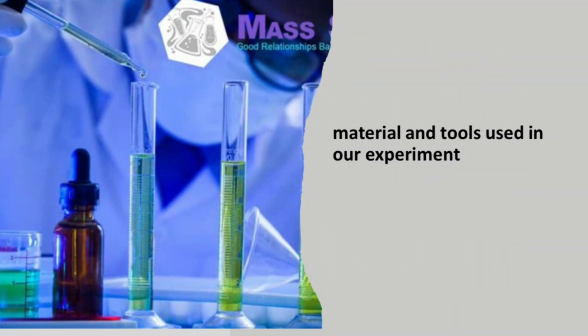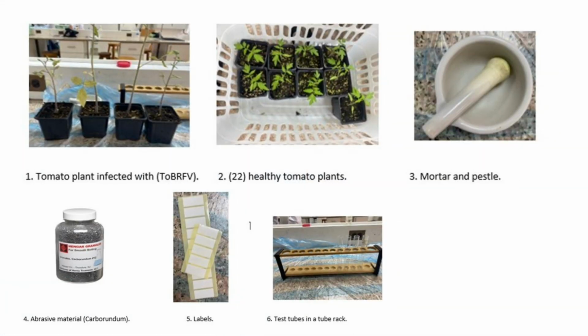Material and tools used in our experiment. 1. Tomato plant infected with ToBRFV. 2. Healthy tomato plants. 3. Mortar and pestle. 4. Abrasive material, carborundum. 5. Labels. 6. Test tubes in a tube rack. 7.